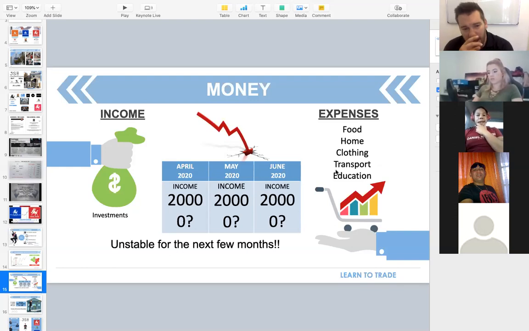When you are earning a lot of money and you don't have a lot of debt, the first thing that people do is they go and make more debt because you've got these funds available. So now, whether that's on food or housing or clothing or transport or education, all of that needs to be paid. And those are the 5 essentials that we need on a daily basis.